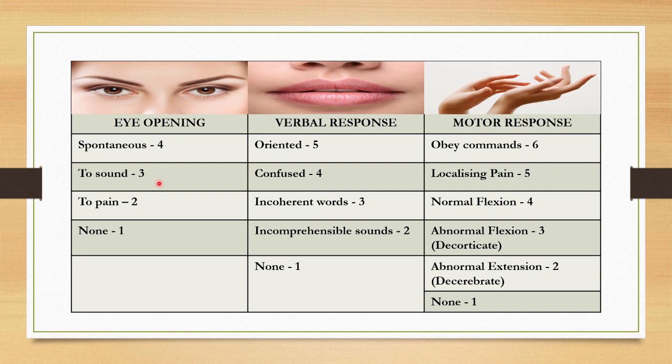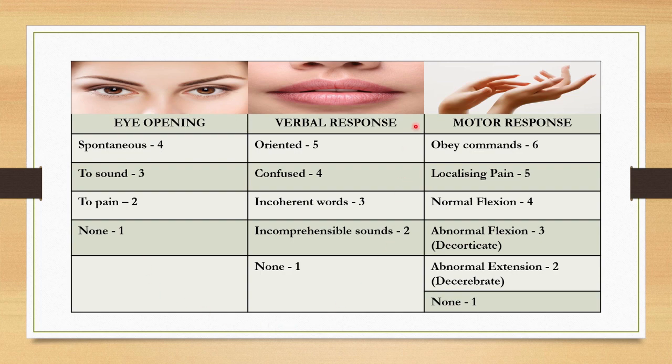For instance, you are calling the patient by his or her name, and only then the patient responds by opening their eyes, you can give a score of 3. If the patient is opening the eyes only to painful stimuli, then you can give a score of 2. If the patient is not at all opening the eyes, no response, then you can give a score of 1.